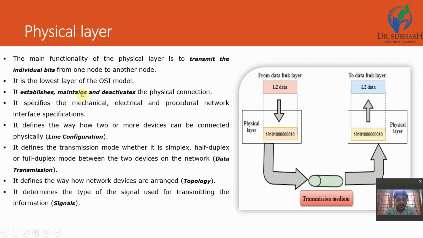What are the tasks? Establish, maintain, deactivate. Establish the connection, maintain the connection throughout the transmission, and after completion of transmission, deactivate the physical connection. This is the core task of the physical layer.